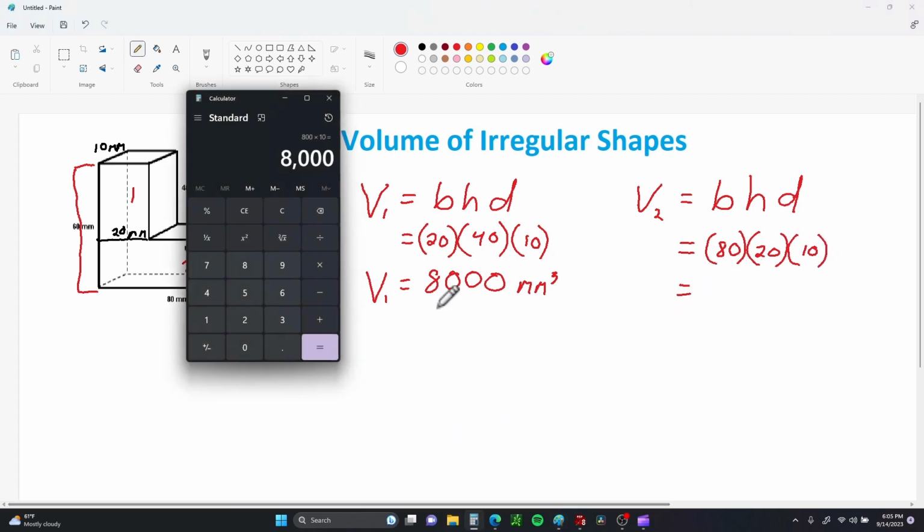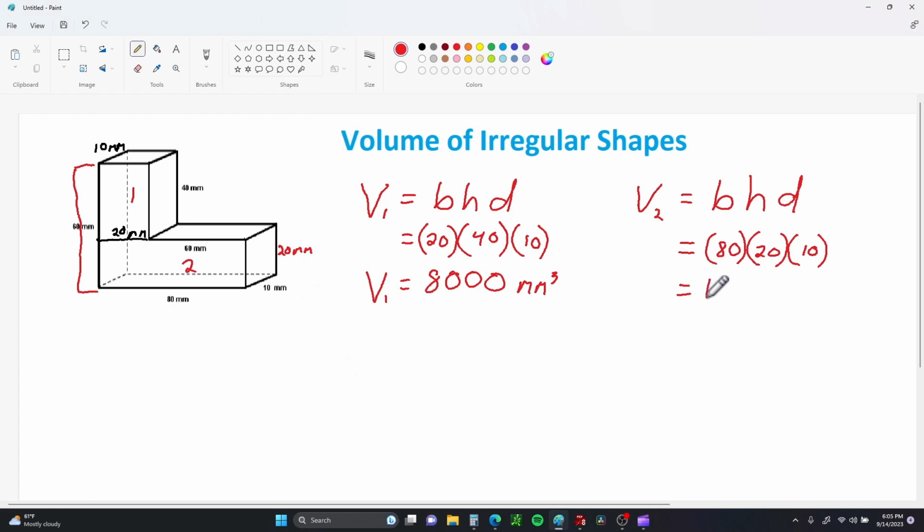So again, with the calculator, I'm going to clear, and then I have 80 times 20 times 10. So the bigger one is 16,000. And again, this is millimeters cubed.